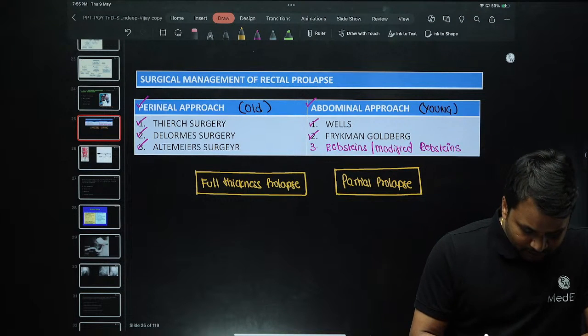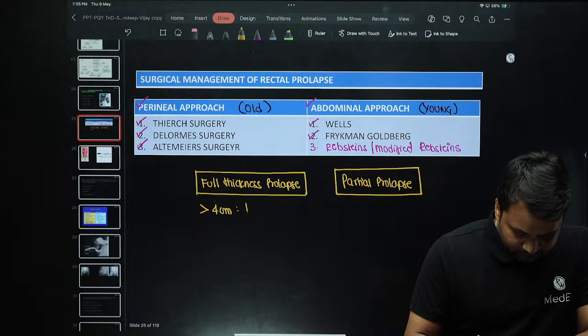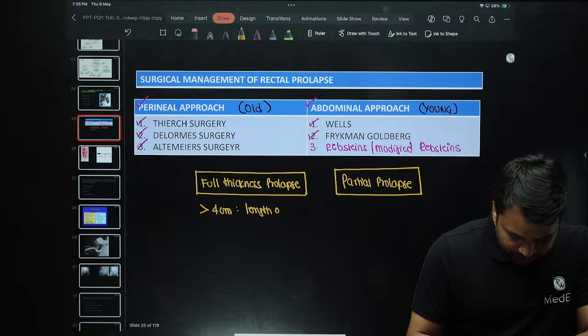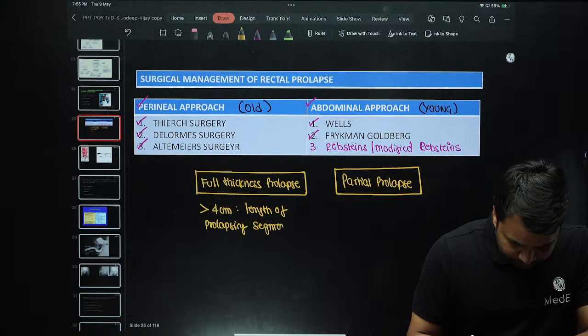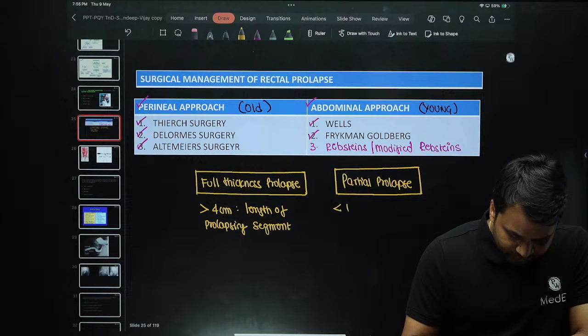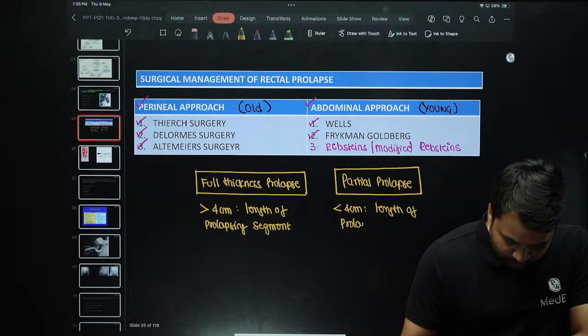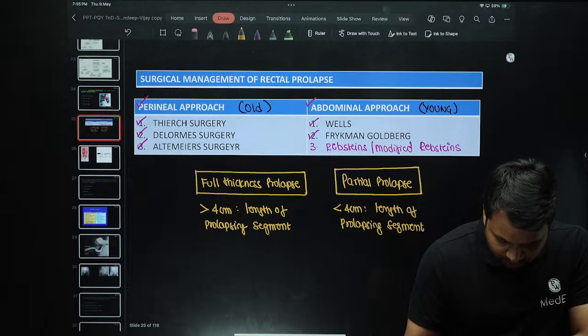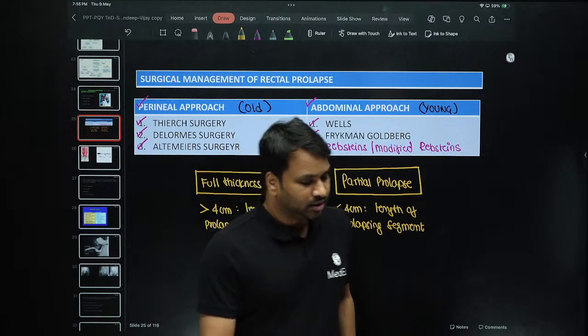For a full thickness prolapse, remember, the length of the prolapsing segment is more than 4 centimeters. If the length of the prolapsing segment is less than 4 centimeters, then we call this a partial prolapse.